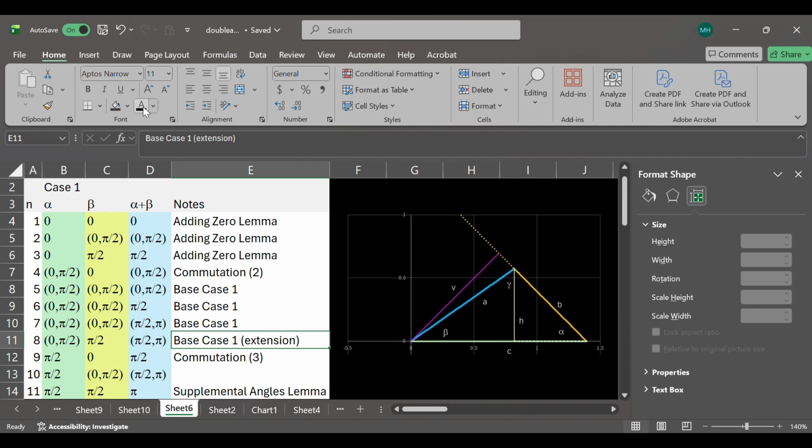So it's a natural extension of the base case. And 10, it's just a commutation of 8.